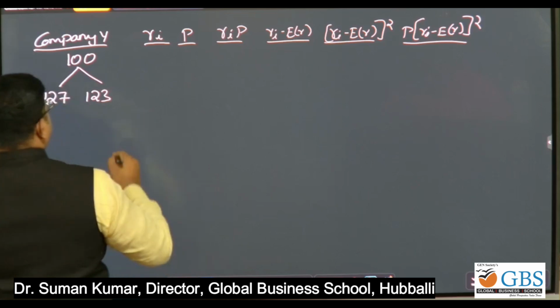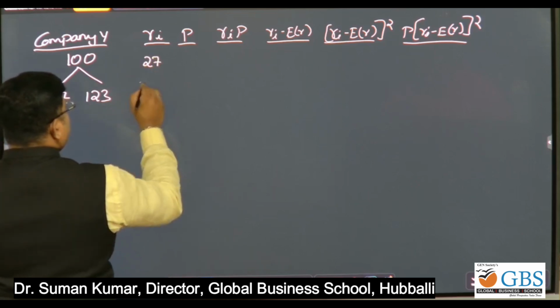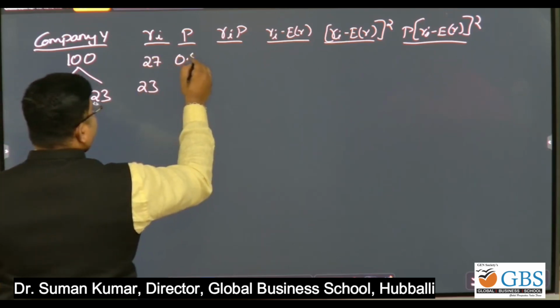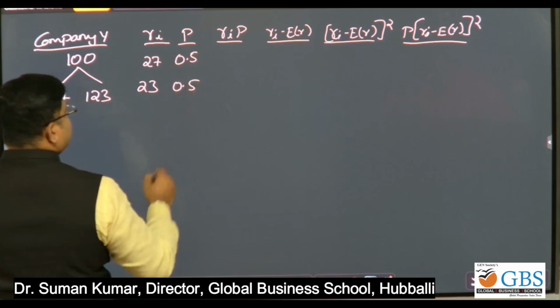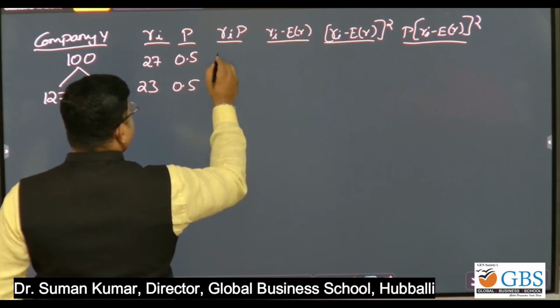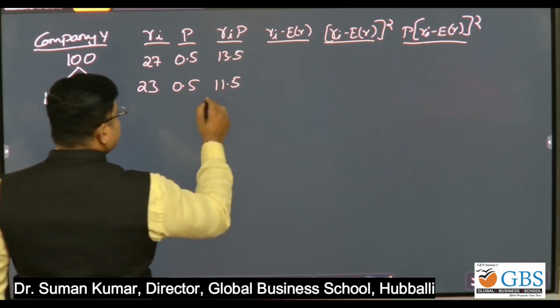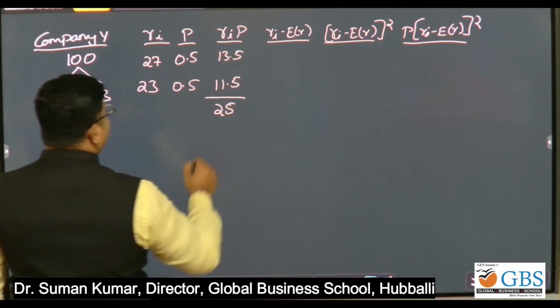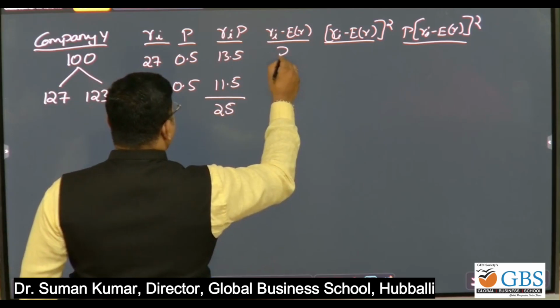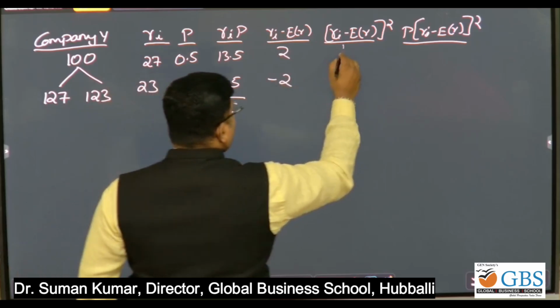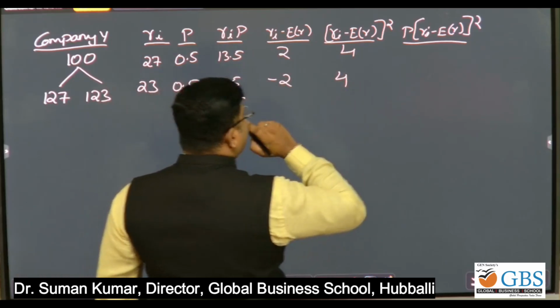So the first is 27, 23, 0.5, 0.5. So this is 13.5, then 11.5. So this is 25 plus 2 minus 2, 4, 4, correct?